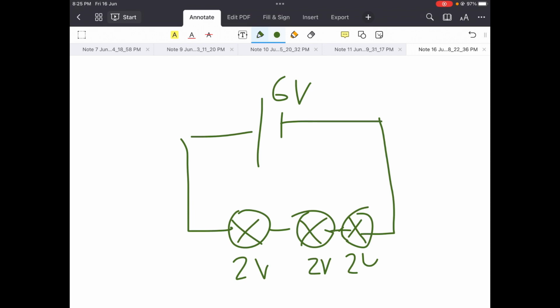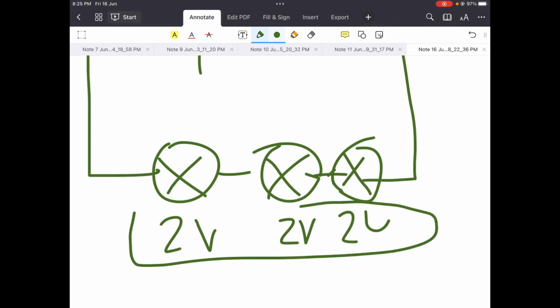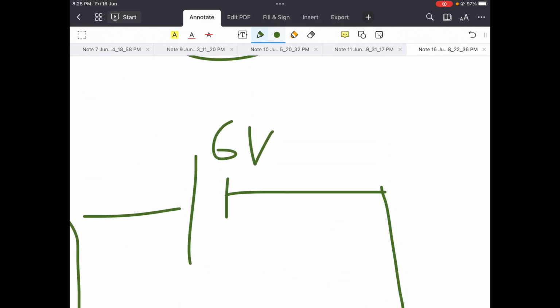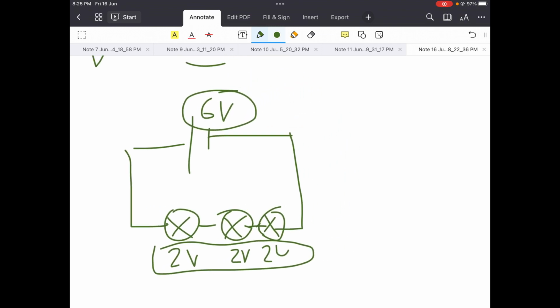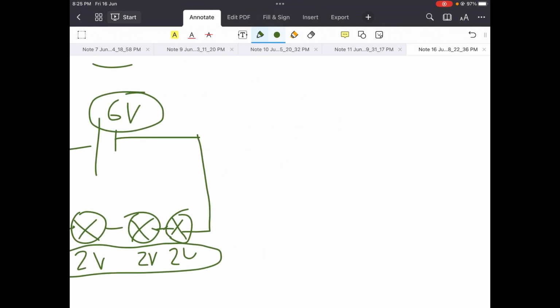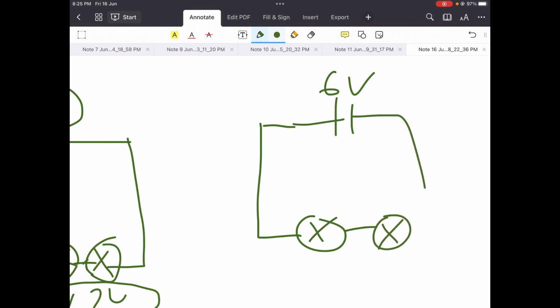So if the voltage is being split between the components, you know that the sum of all these voltages is equal to the voltage in the cell, right? That applies to other scenarios as well. Let's say you have a cell with 6 volts again, and then this time you have 2 filament lamps.